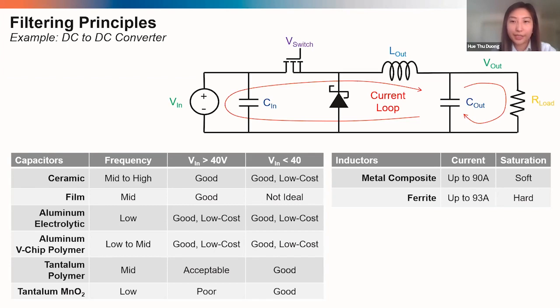Films are pretty okay, but if frequency is higher, you might have some dissipation factor concerns. And these are not ideal for applications below 40 volts, just due to nuances in film materials available, so this would not be the best selection.